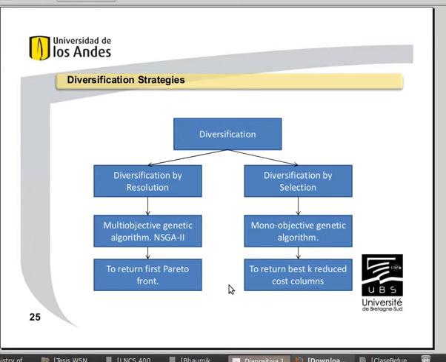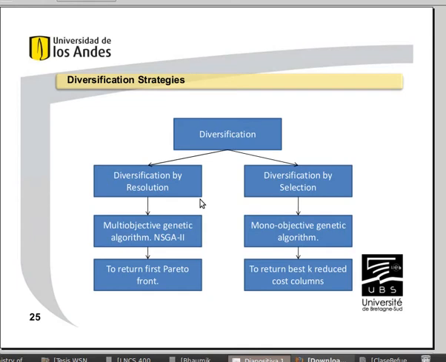Regarding the diversification methods, I have proposed the use of diversification by boundary solution and diversification by selection schemes, but using heuristic algorithms. First, I propose the use of a mono-objective genetic algorithm to return and select the k-best reduced cost columns.